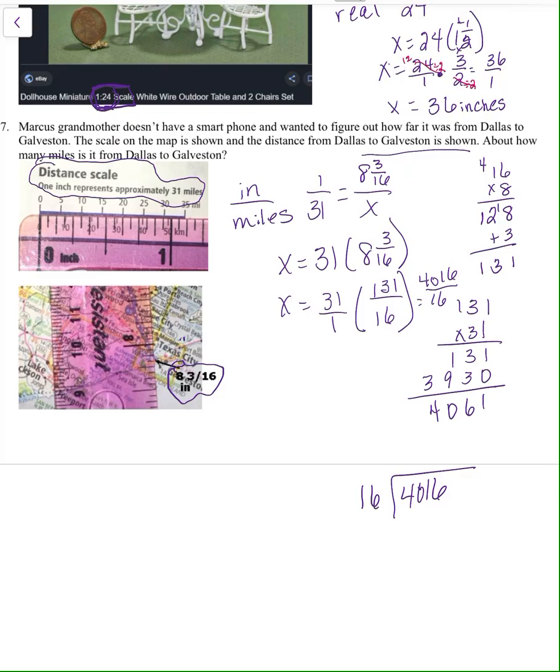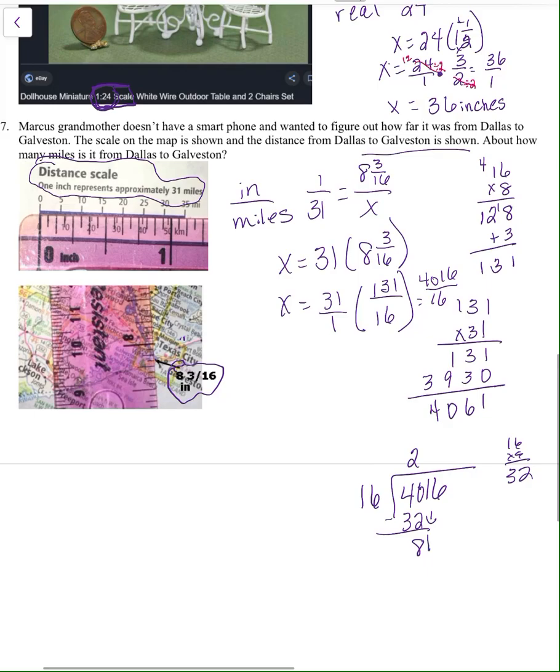All right, so 16 can go into 40 twice, and that's going to be 32. Subtract, get 8. Bring down the 1. 16 is going to go into 81 about 4 times? Let's see, 16 times 4 is 64.